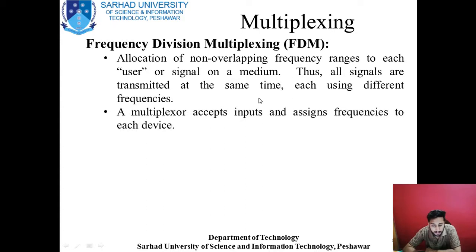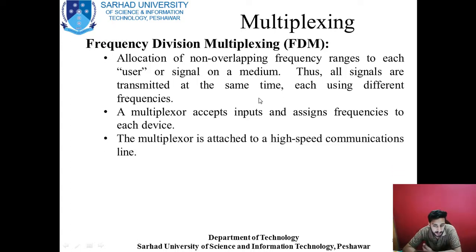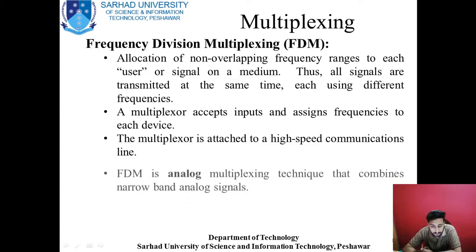A multiplexer accepts inputs and assigns frequencies to each device. This is the responsibility of the multiplexer: it accepts the inputs and assigns each input a specific frequency. But this frequency should not be allocated to any other user, to avoid collision.